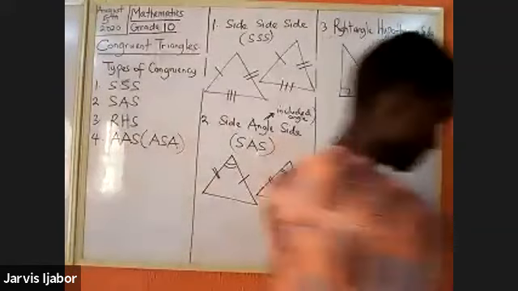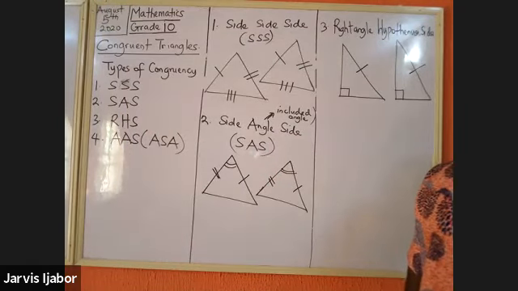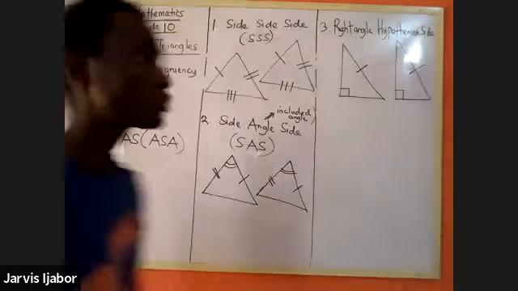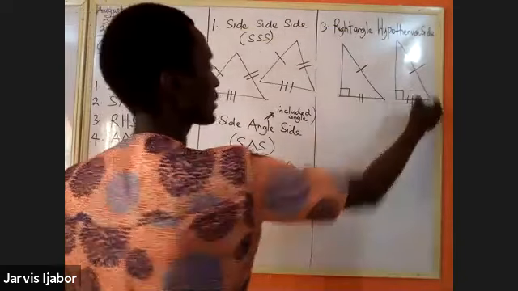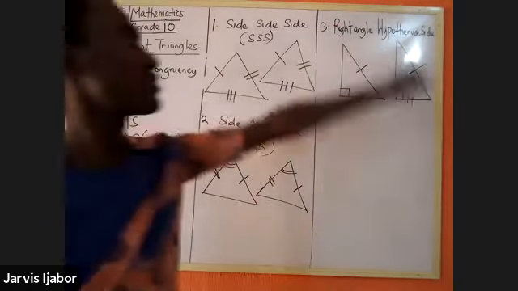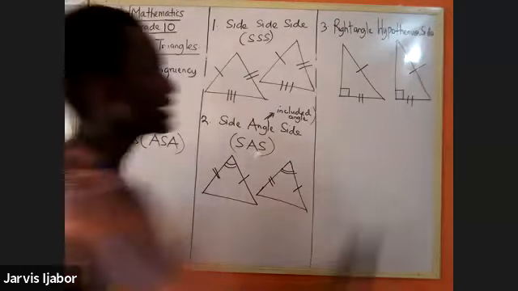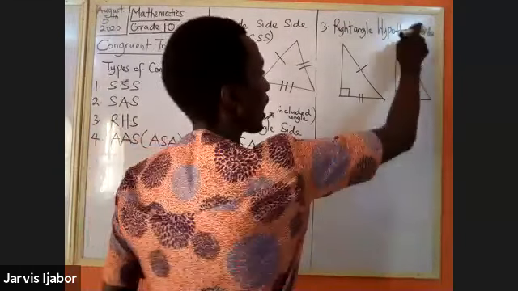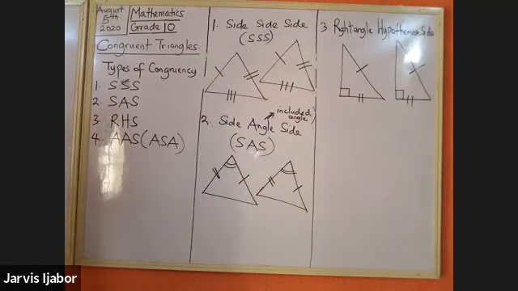Congruency. In such a setting too, you would have one other side in consideration. So this is what you're going to have for right angle hypotenuse side. So look at it, right angle hypotenuse side. So that takes care of that.